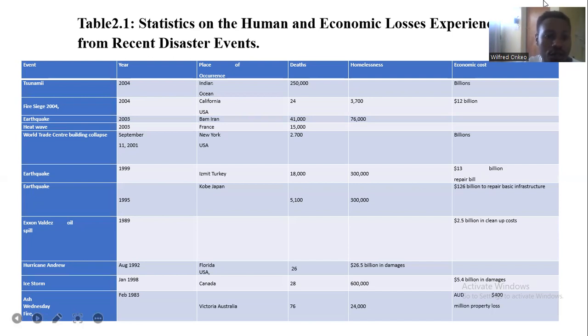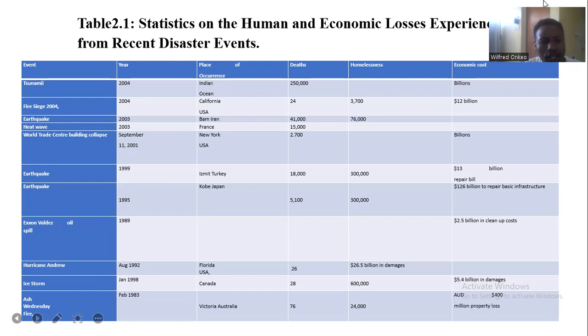Earthquake in 2003 in Bam, Iran: 41,000 deaths, 76,000 homeless, and I guess it cost many billions also. These are the trends I was trying to show you.